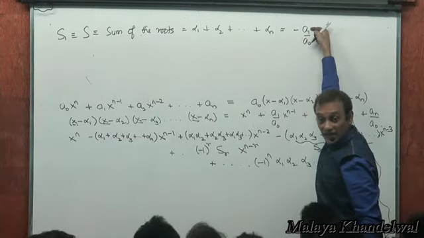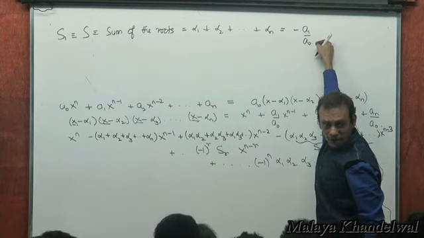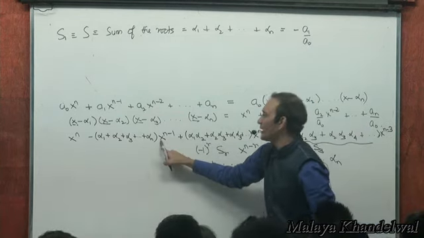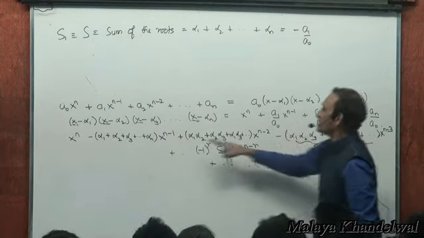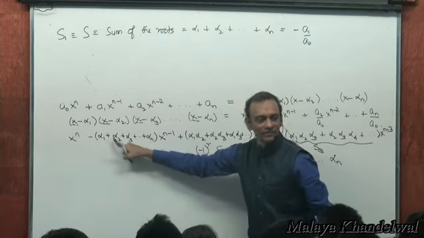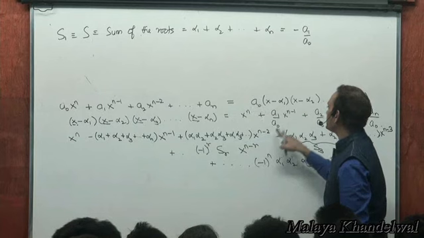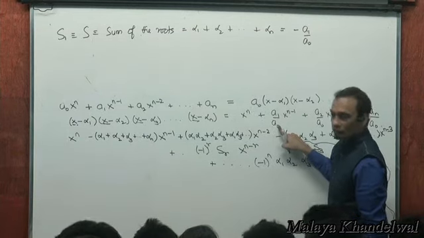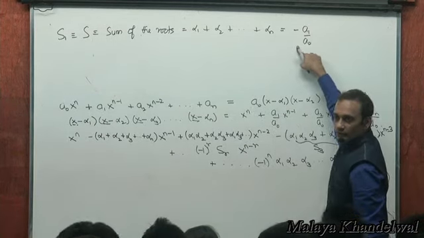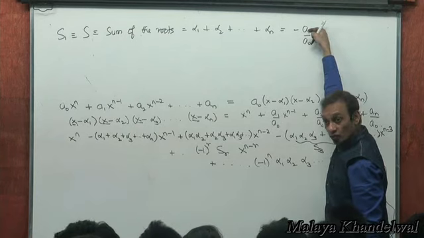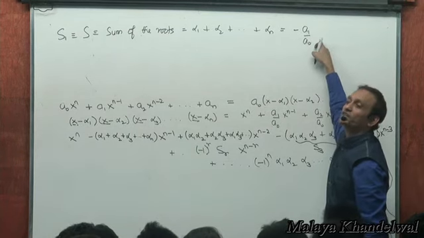A1 is the coefficient of the second highest power, equating coefficient of x power n minus 1 on both sides. See, on the left hand side it's minus of alpha 1 plus alpha 2 plus alpha n. On the right hand side it's a1 by a0. So equating that, this is what I get. Sum of the roots is negative of the coefficient of the second highest power divided by coefficient of the highest power.